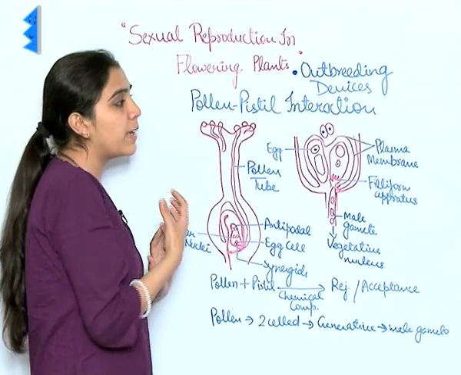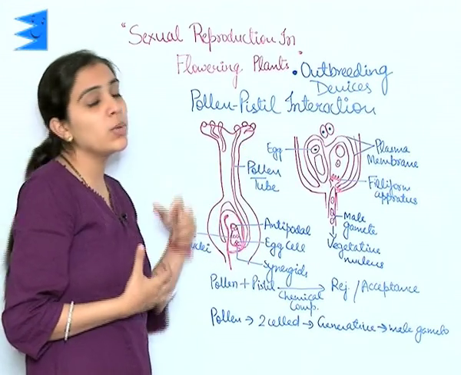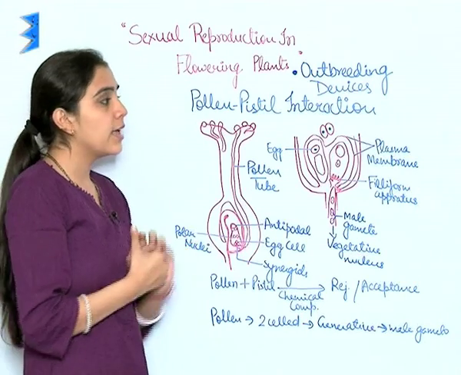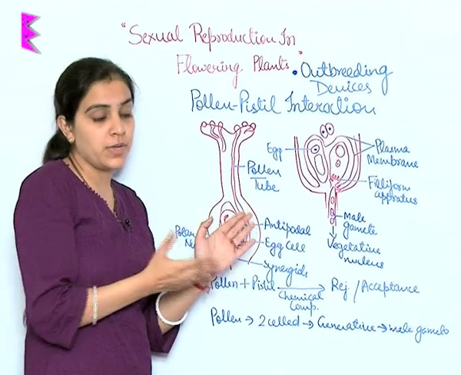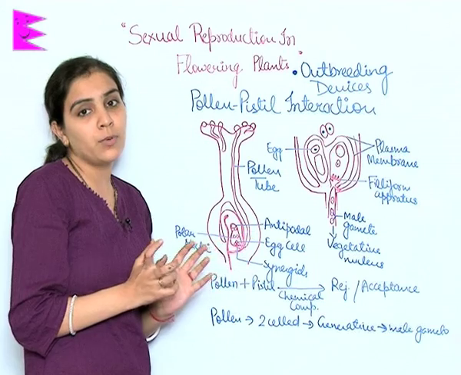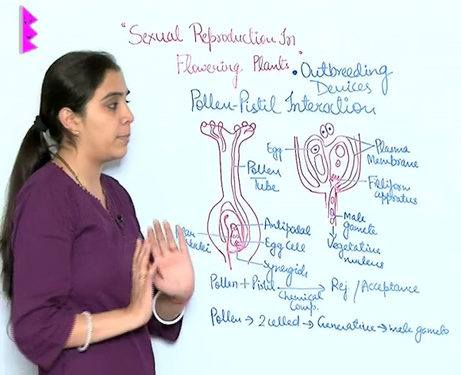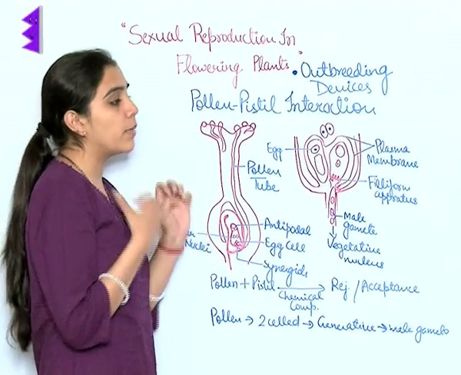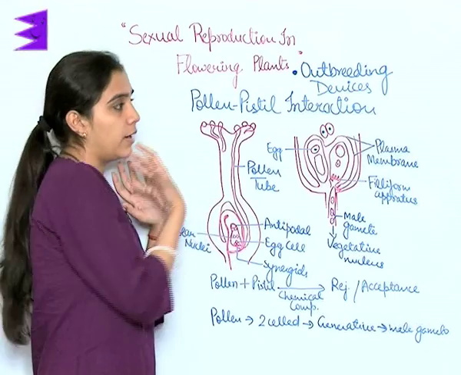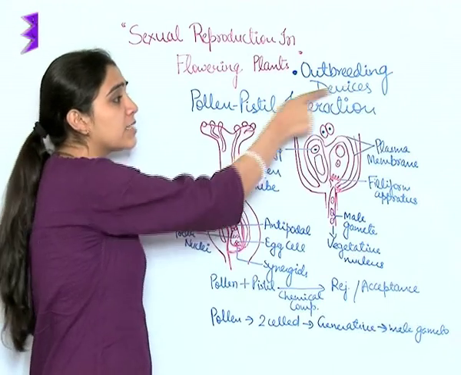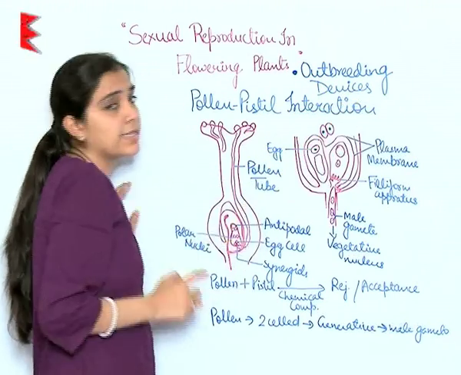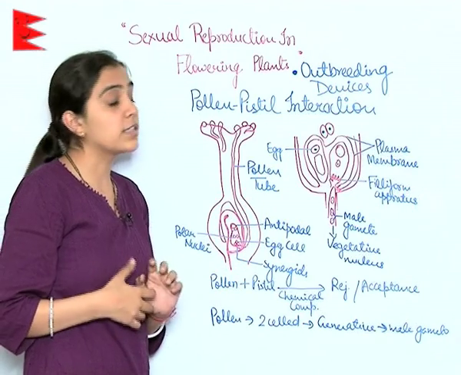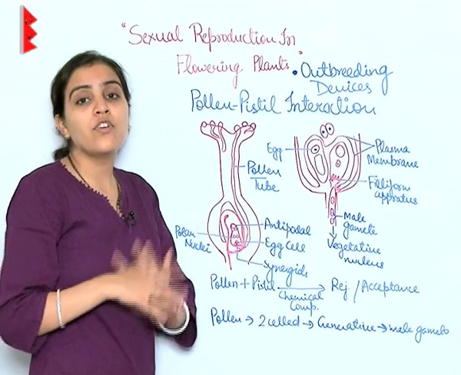egg. The fourth method which they use is unisexual flowers. That is, the male reproductive part is present in one flower and the female reproductive part is present in another flower. So, there is no inbreeding depression. These outbreeding devices are necessary so that there is cross pollination, that is variety.